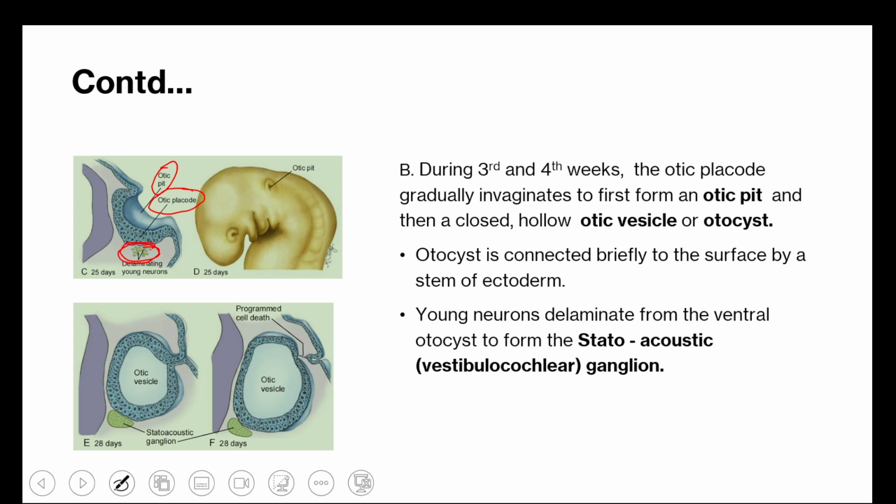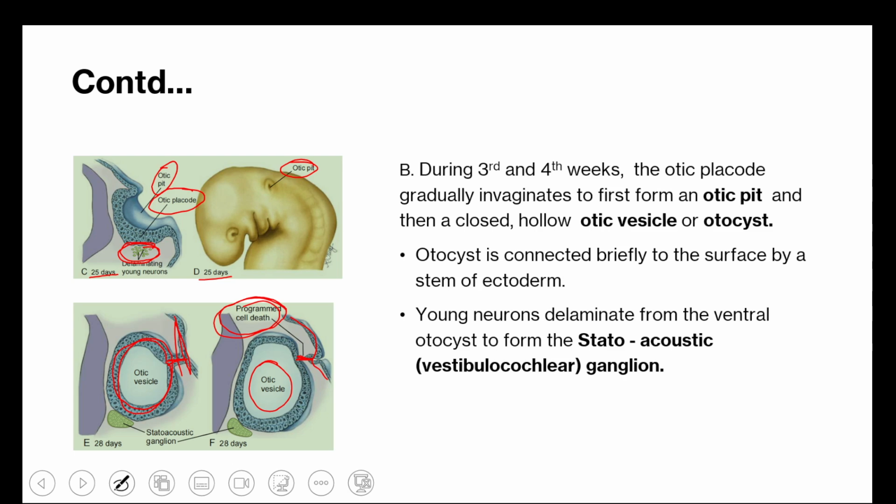All these things happen during the 25th day. You can see the otic placode here, and here you can see the otic vesicles, connected to the surface ectoderm with the help of the stem. You can see the programmed cell death of this stem, which connects the otic vesicle to the surface ectoderm.